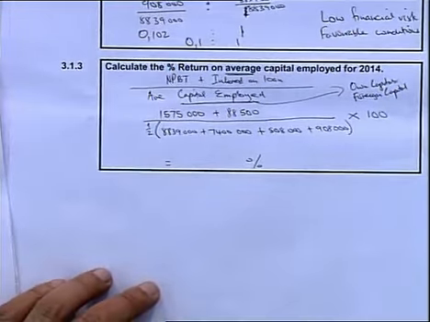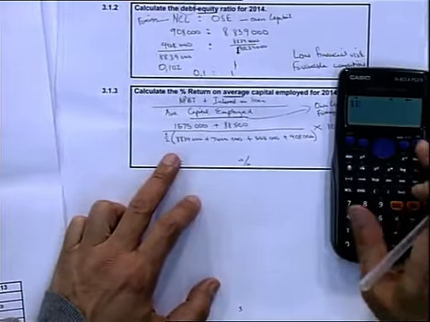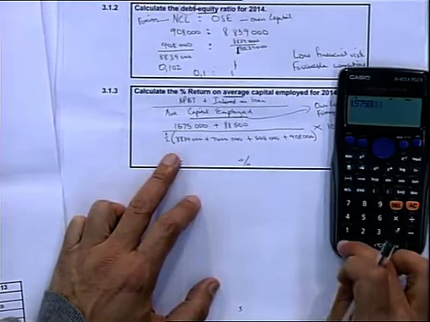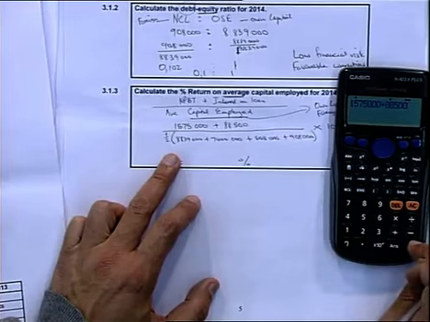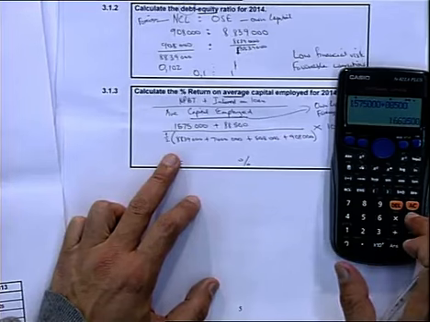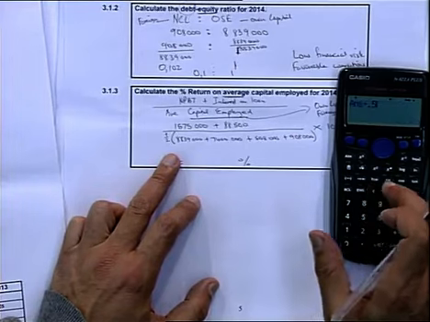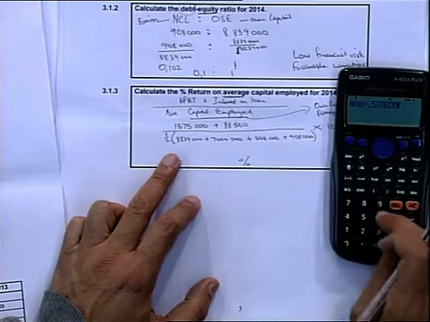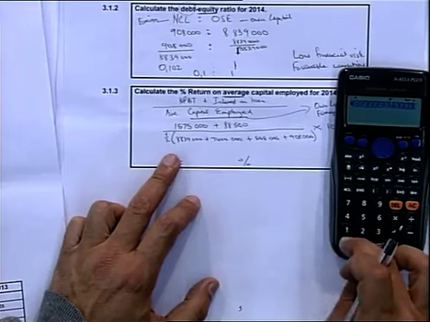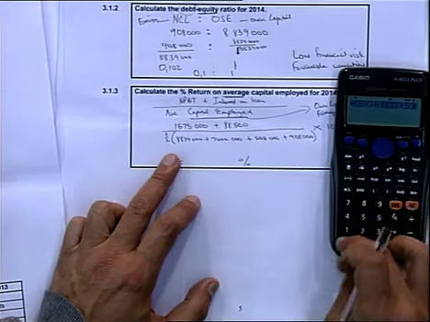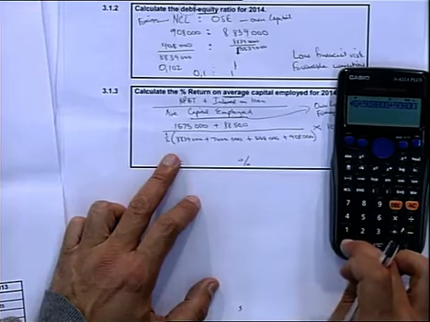Okay, so if we do that on the calculator, it's 1,575,000 plus 88,500 divided by half of the bracket, 8,839,000 plus 508,000 plus 908,000.